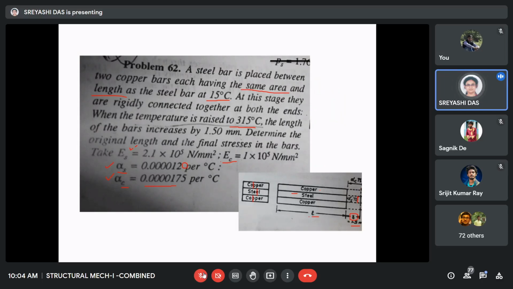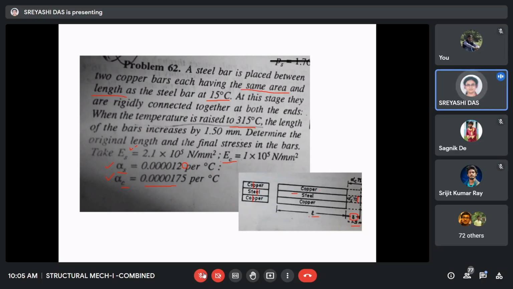You have to find the stresses produced. In this way we can get the stresses produced in the bar. Thermal stress calculation is very important whenever there is extreme weather.